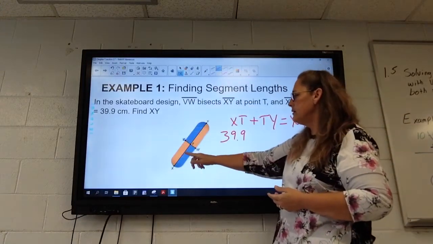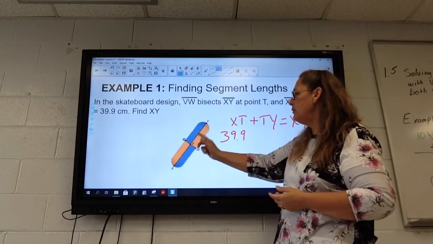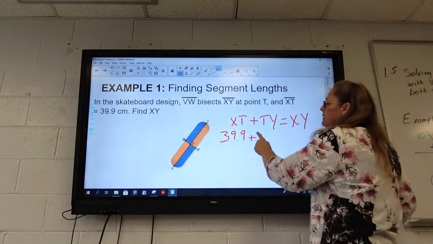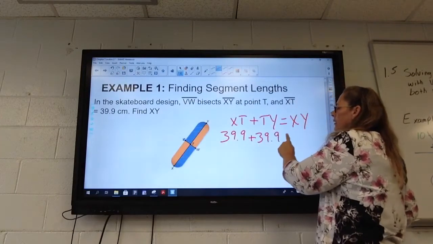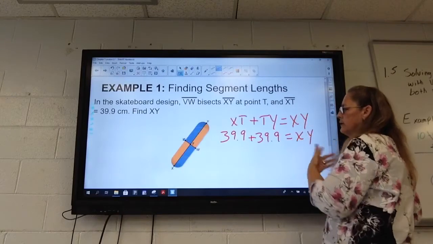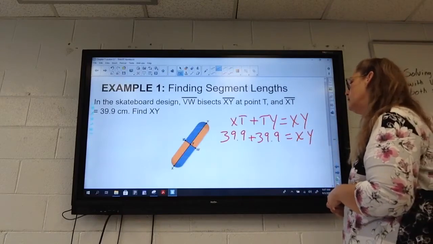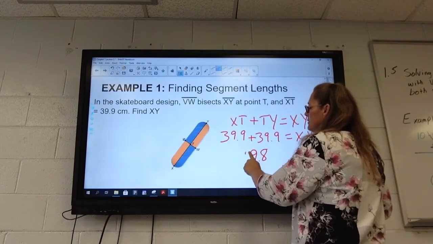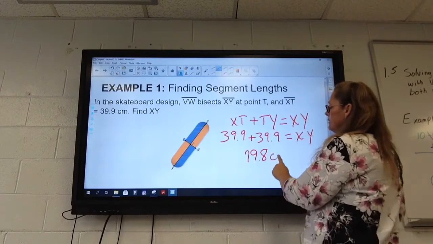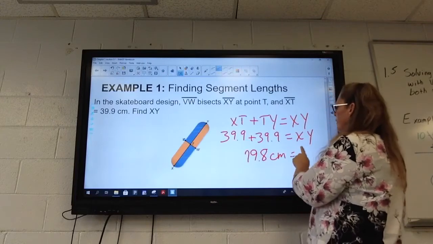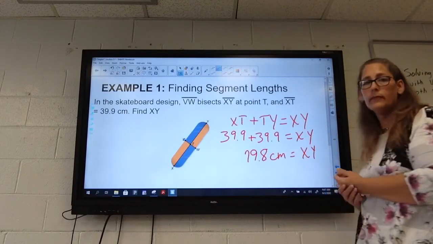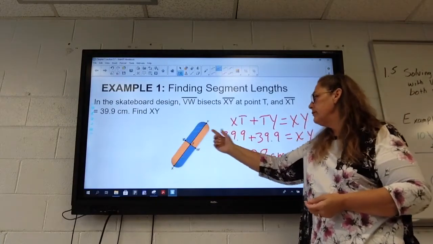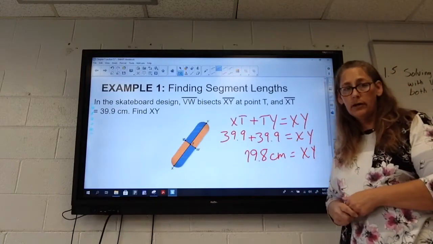Because this is the bisector that cut these in half, that means this one is 39.9 also. So 39.9 plus 39.9 is equal to the entire thing XY, the entire length. So when you add those up, 79.8 centimeters is how long XY is. We know that if these are equal, these two will be the same amount also.